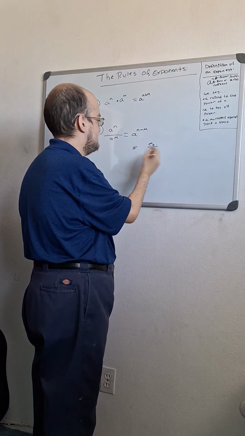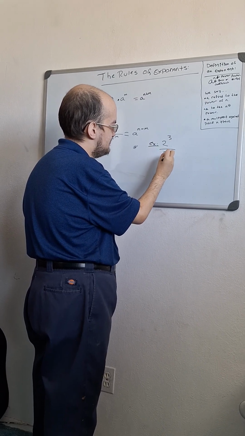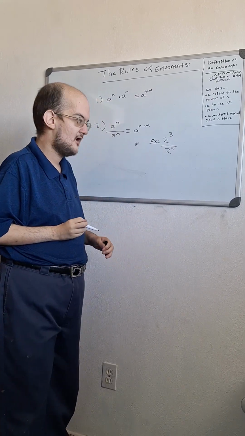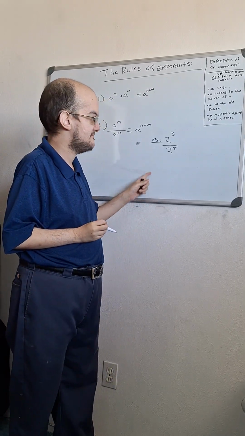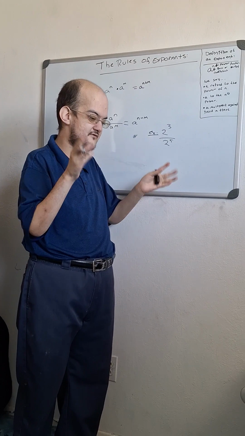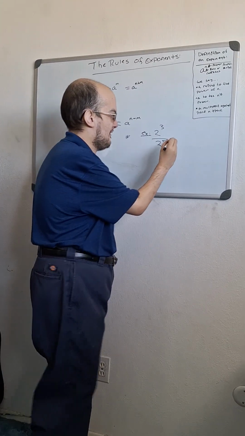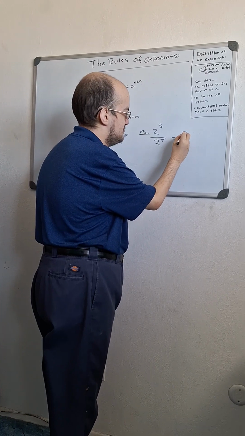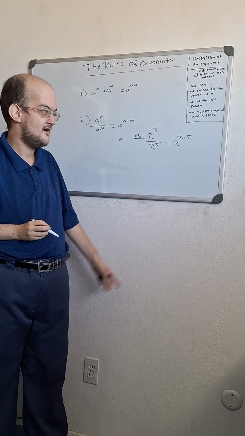Alright, so let's do 2 cubed over 2 to the 5th power. Now, I did this for a purpose, for a reason, because any of you, if you are able to do mental math, you're going to say, okay, well, let me just write it out, 2 raised to the power of 3 minus 5.